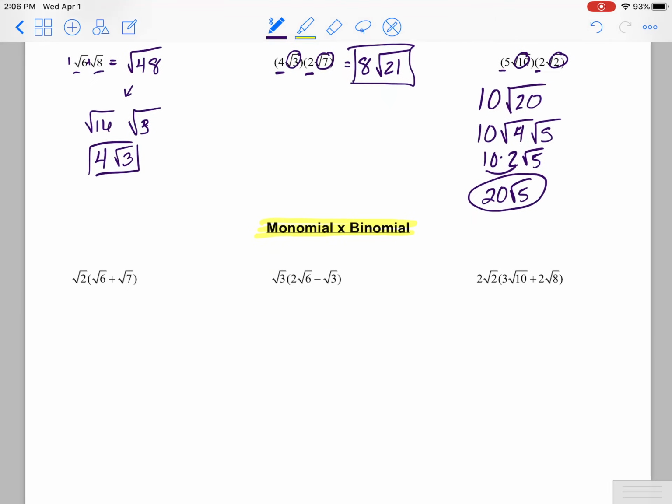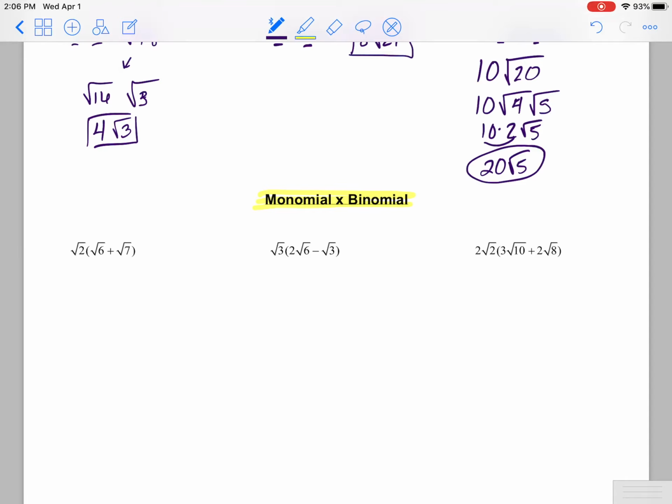Now the next section is a monomial times a binomial. This looks very, very similar to what we've done if I gave you something like this. If I asked you to simplify that, you would simply distribute. That's exactly what we're going to do here. We're going to distribute the radical or the coefficient on the outside. So when I distribute that inside, if I multiply those, I get radical 12, radical 2 times a positive radical 7.